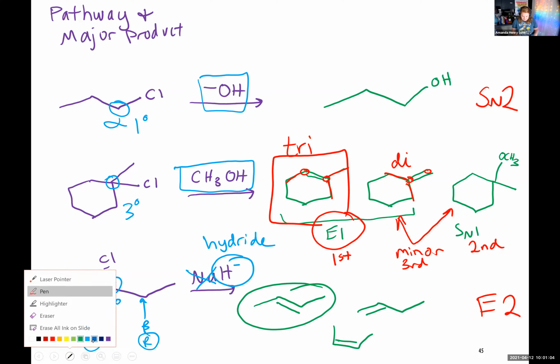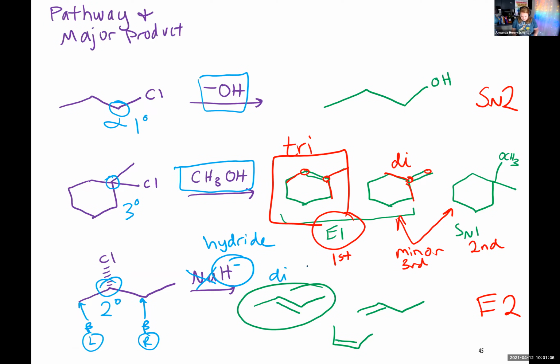And here's how we decide that. This is di-substituted. This is di-substituted. This guy's only mono-substituted. This one's di and trans, and this one is di and cis. So having more substituents, so di is more than mono, and then having trans versus cis puts this one into our major category.